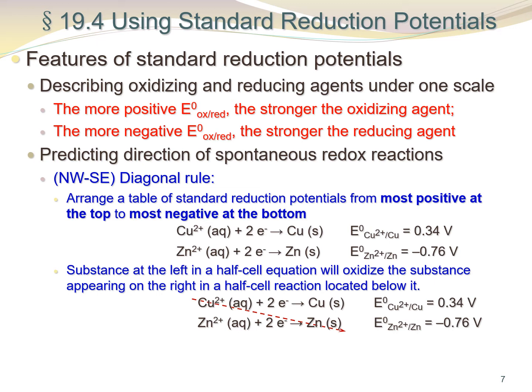Copper 2 plus on the left of the first half reaction will oxidize the zinc that's on the right in the second half reaction. I just want you to understand that both half reactions must be in reduction.